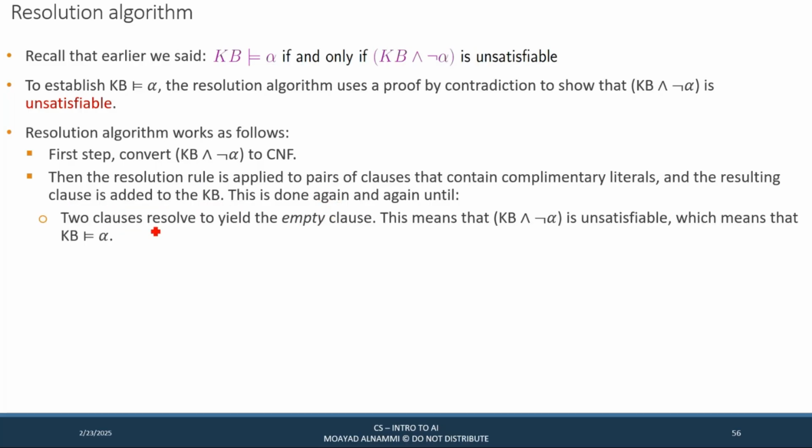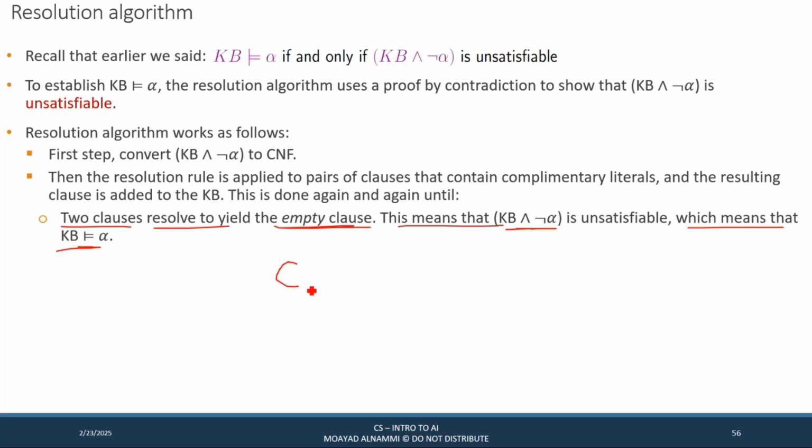You do this again and again until the following. You take two clauses, and when you resolve the two clauses, it yields the empty clause. This means that KB and not alpha is unsatisfiable, which means that KB entails alpha.